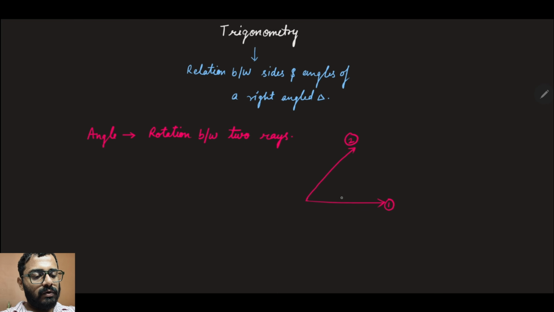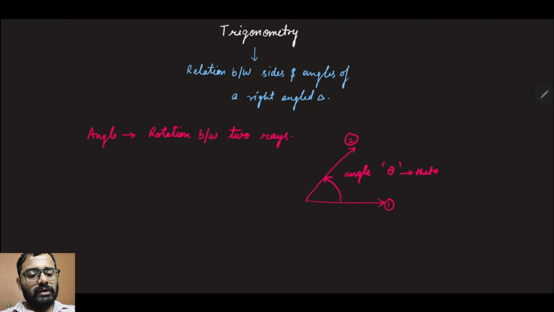If you want to measure the rotation between both the rays, that is named angle, and we will use a symbol here, theta. This symbol that we are using here is theta.